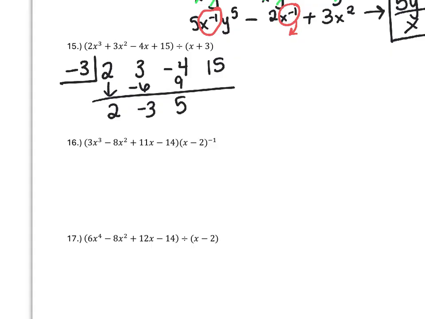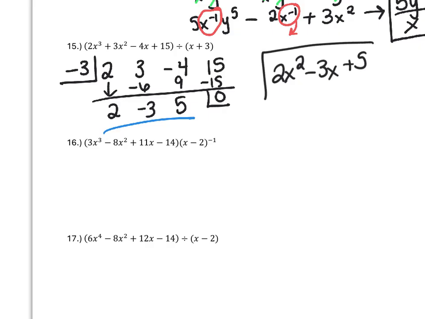Negative 4 plus 9 is 5. Negative 3 times 5 is negative 15, which leaves us with a remainder of 0. That's great. Then we write our final answer using these as coefficients and plugging in variables 1 degree less than the original. The original is x to the 3rd, so this will be 2x squared minus 3x plus 5. And that is our quotient, our answer.